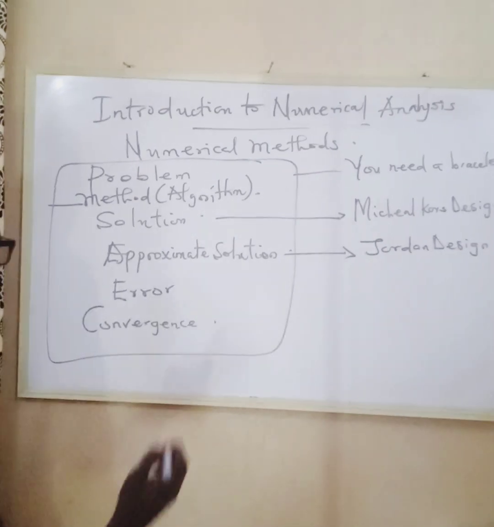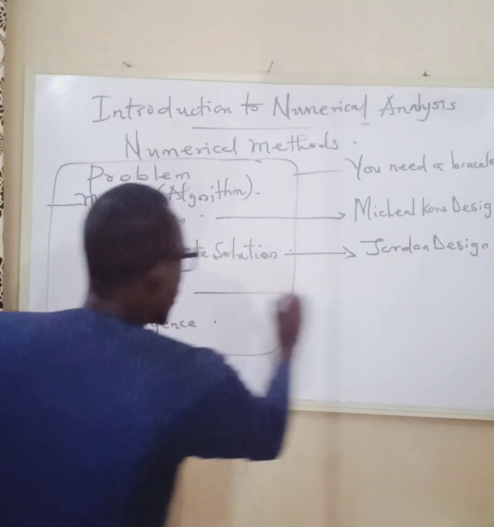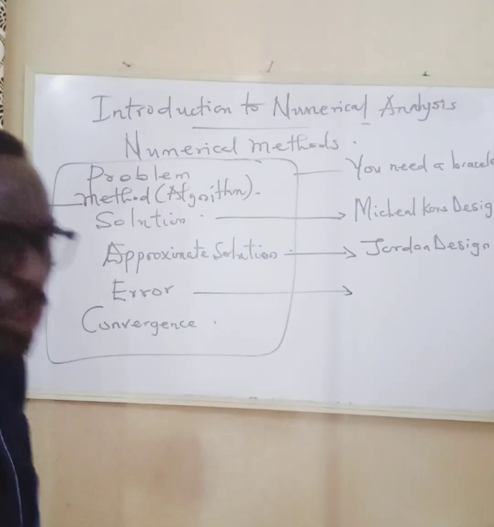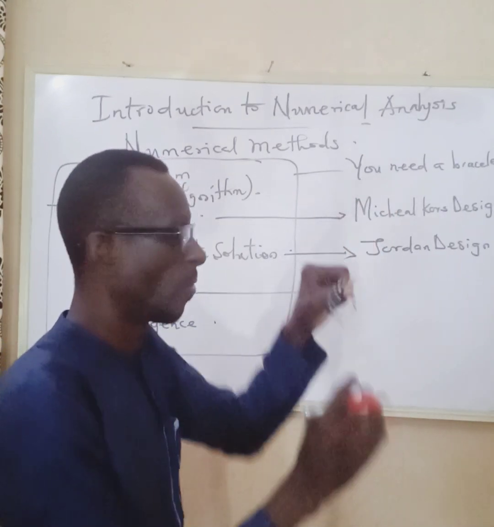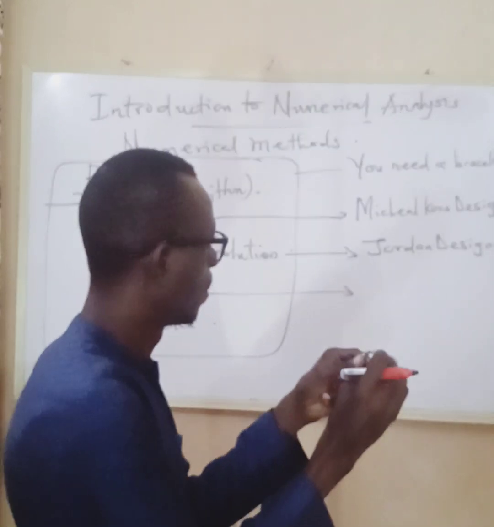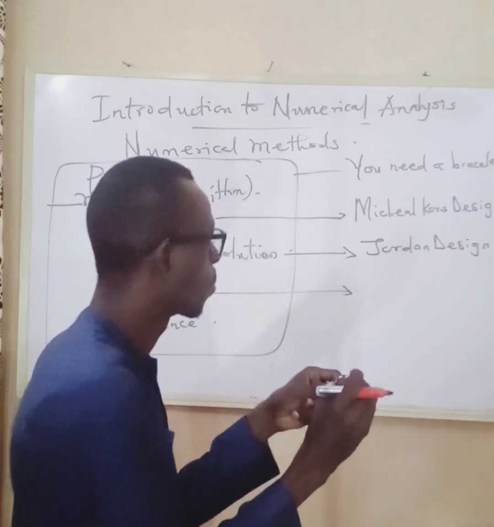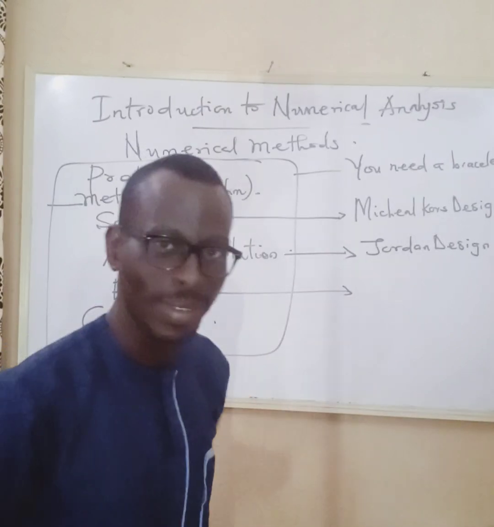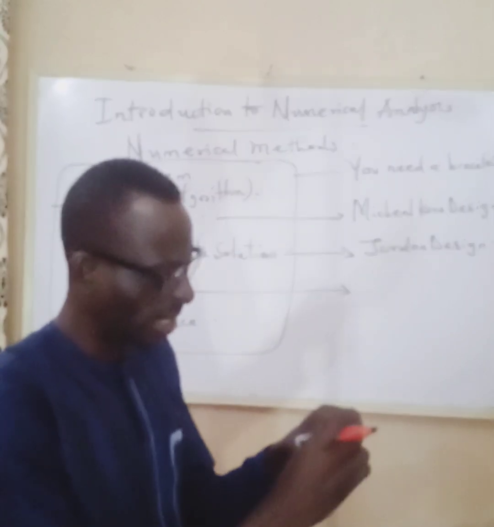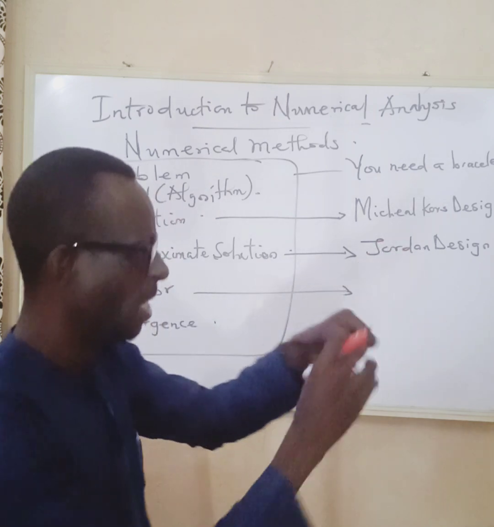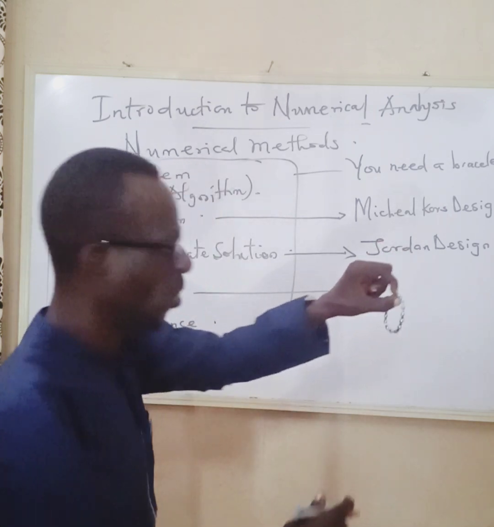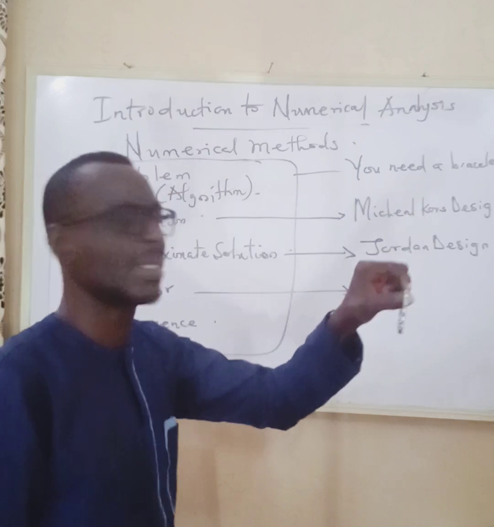So by the time you are looking at the fourth leg, which is the error, you compare each part of the bracelet of Michael Kors with what the designer Jordan has done. By the time you begin to look at each point, this is a particular point, you compare it. You look at the second point, you compare it.